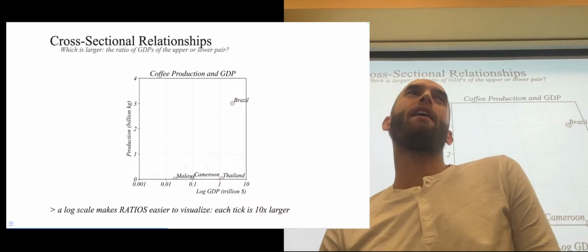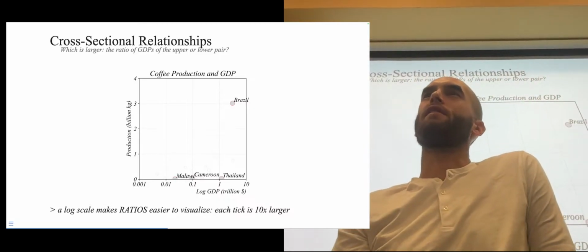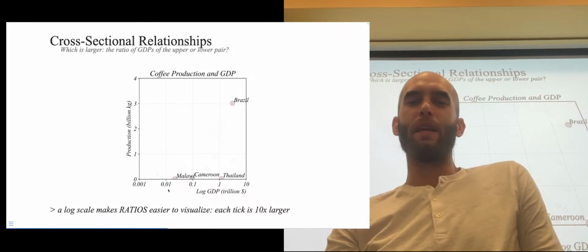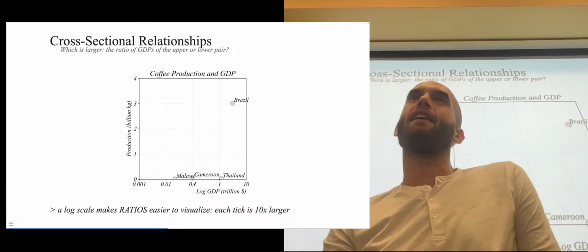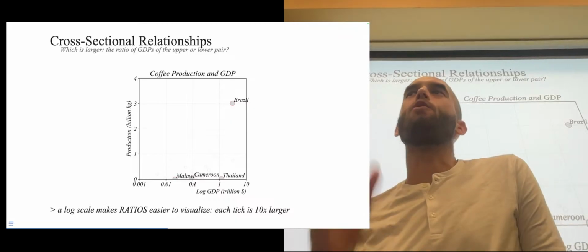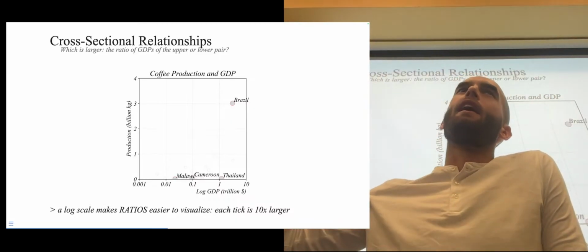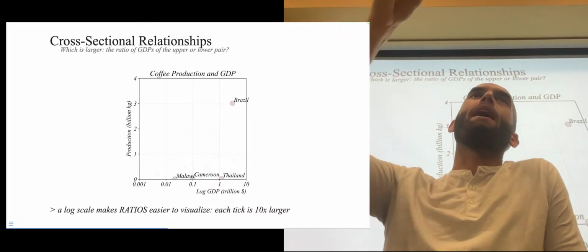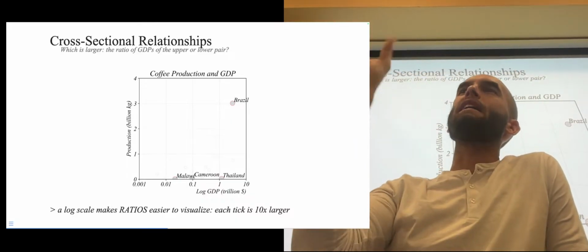We're multiplying by 10 as we go from one tick to the next. And so when we go from a GDP of 0.01 trillion to the next tick at 0.1 trillion, we've multiplied by 10. Each tick is consistent because we're multiplying by the same amount each time, but it's not an equal interval.